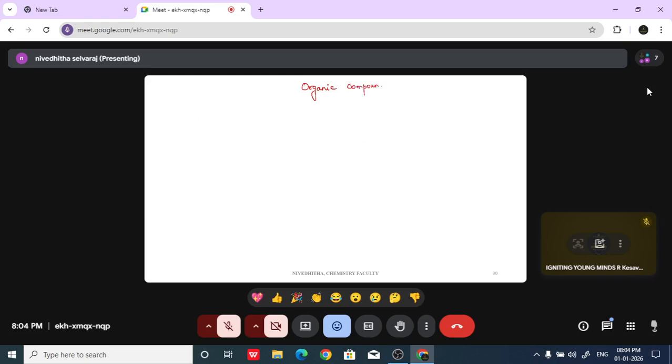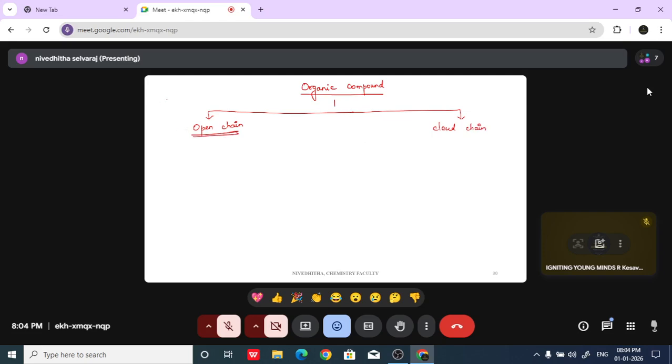What is an organic compound? It is a compound where carbon is the backbone, right? So organic compounds can be classified into 2 types. One is open chain, another one is closed chain. Kana, what is an open chain compound?